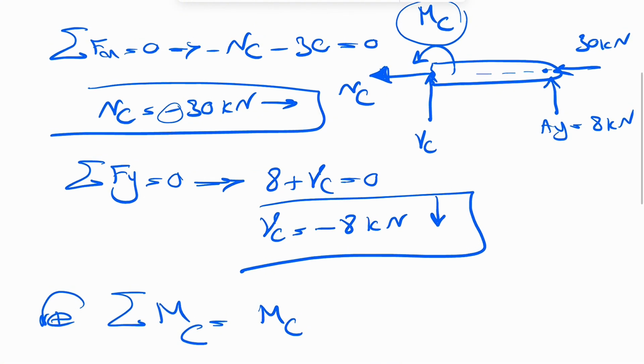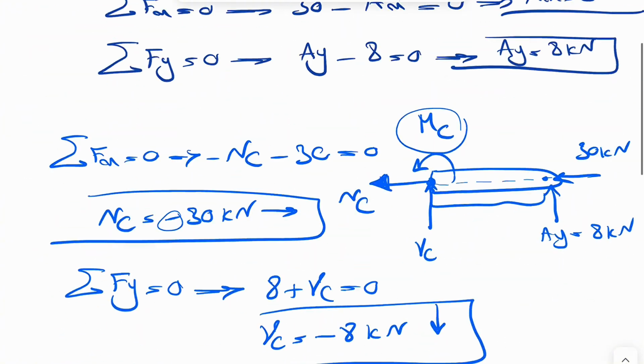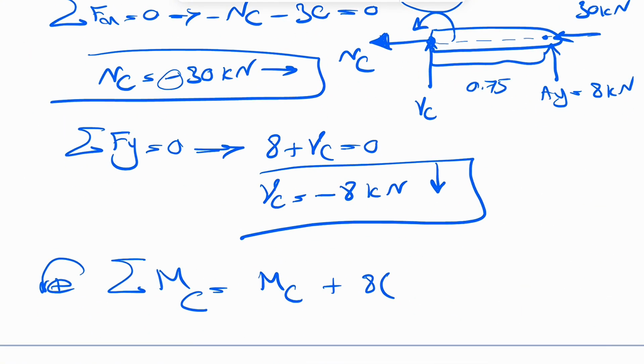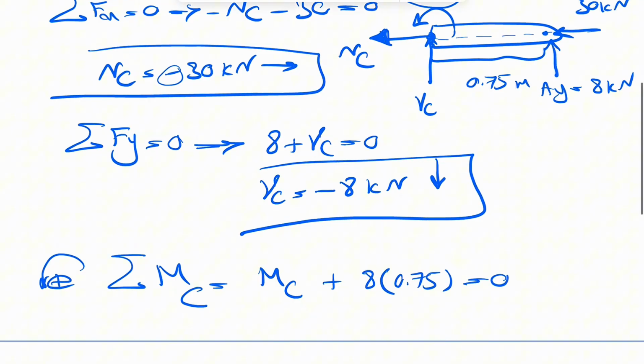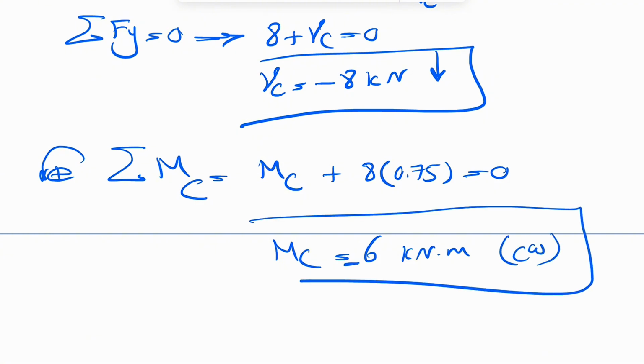The moment of the X component is 0 because it passes through point C. And we have the moment of AY, which is counterclockwise, so plus AY, which is 8, times the distance from C to A, which is 0.75 meters. So MC is going to be negative, which shows that the correct direction is clockwise. That's going to give us 6 kilonewton meters, with a negative sign, which shows that the moment is clockwise.